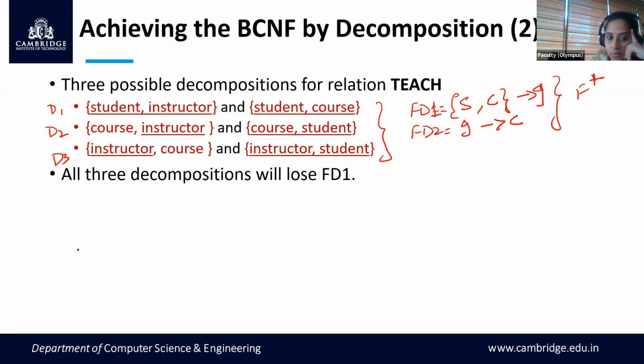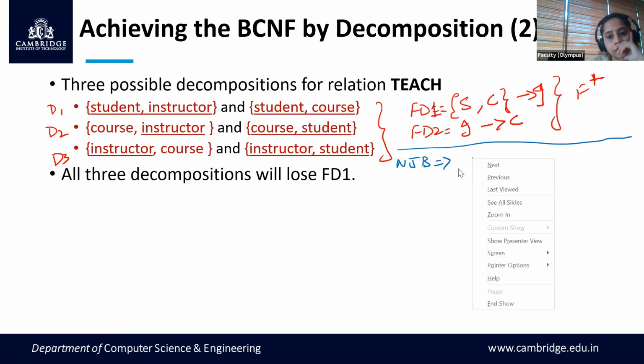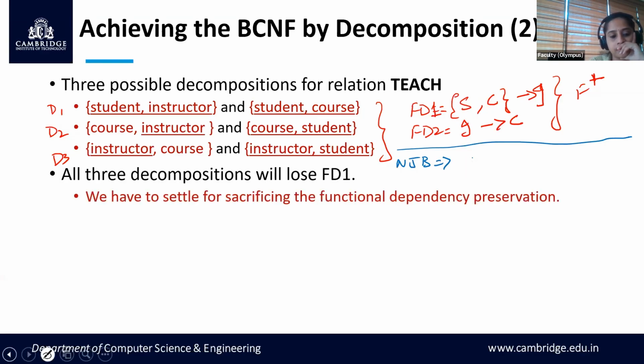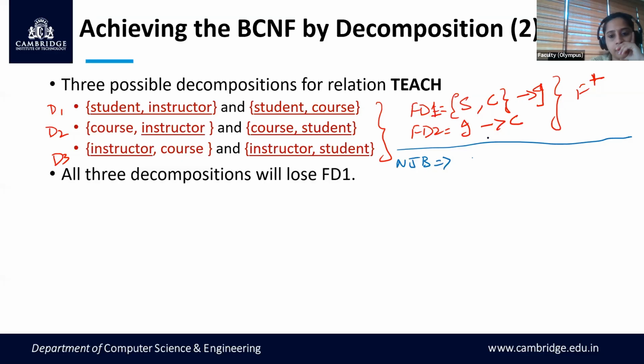So now, what was my rule? I'll write the rule here. The NJB rule: R1 intersection R2 functionally determines R1 minus R2, right?